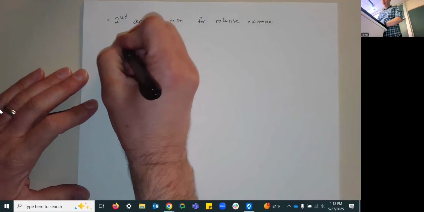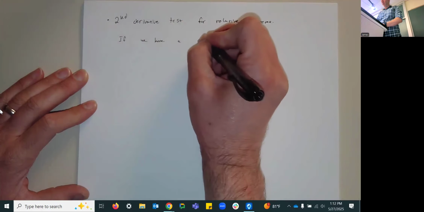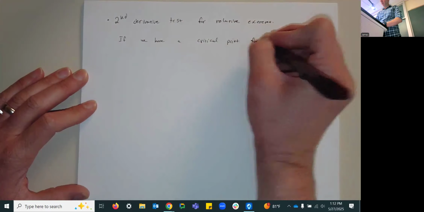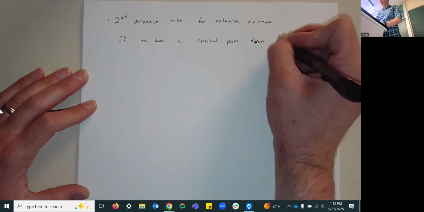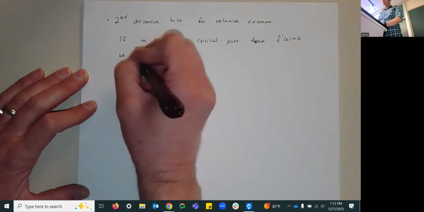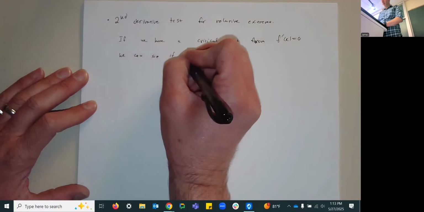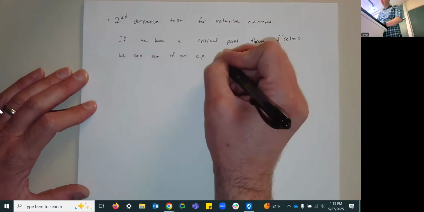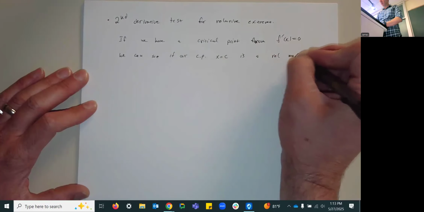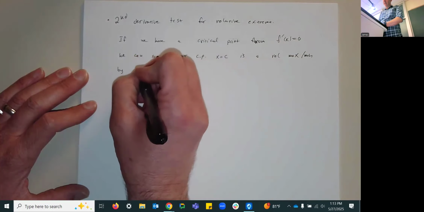So if we have a critical point from the first derivative, from setting f prime of x equal to 0, we can see if our critical point, let's call it C, is a relative max or min by plugging C into the second derivative.